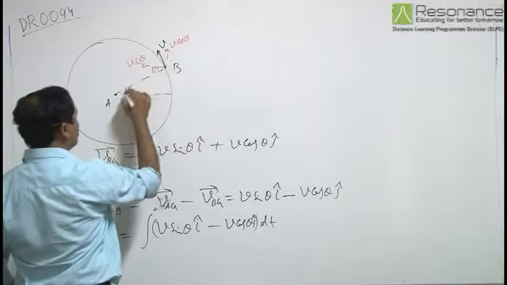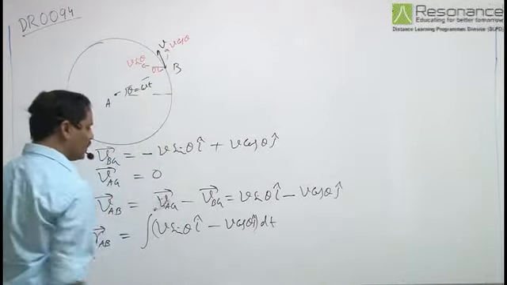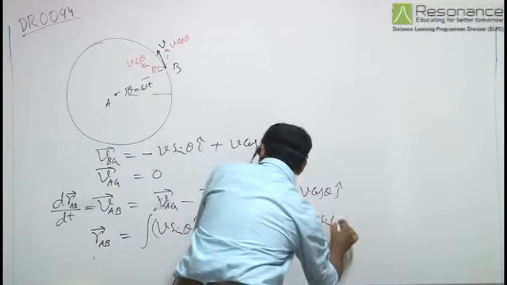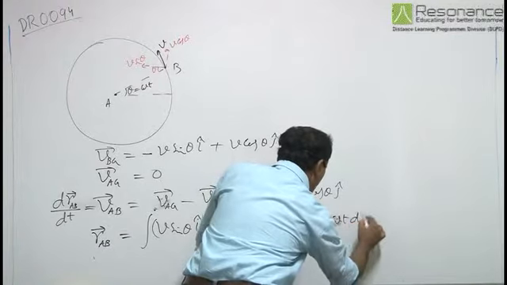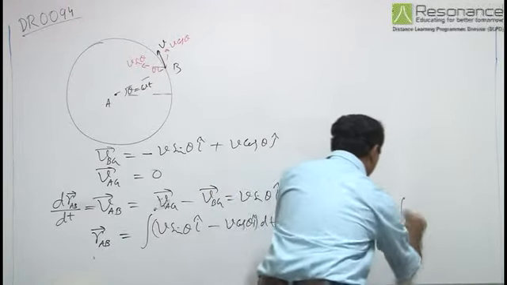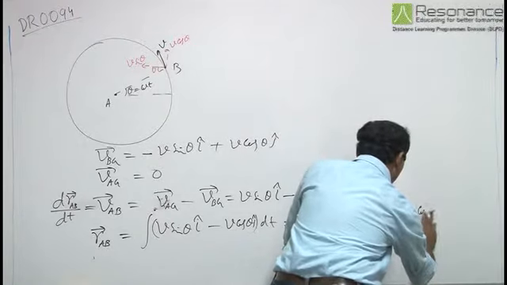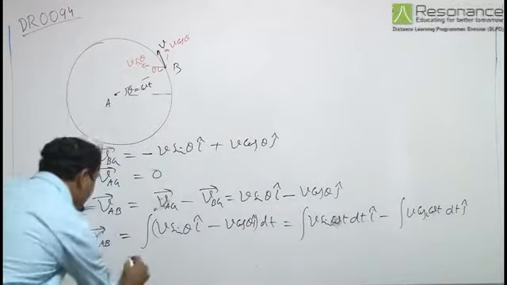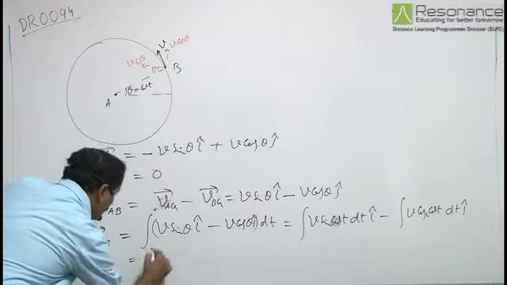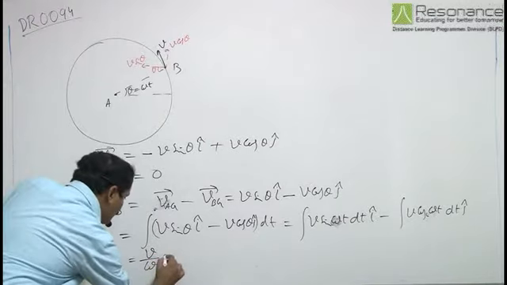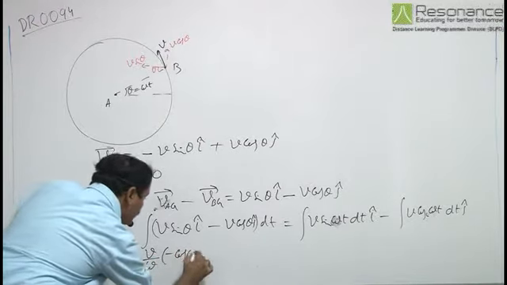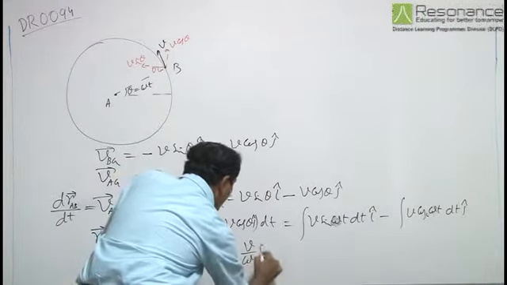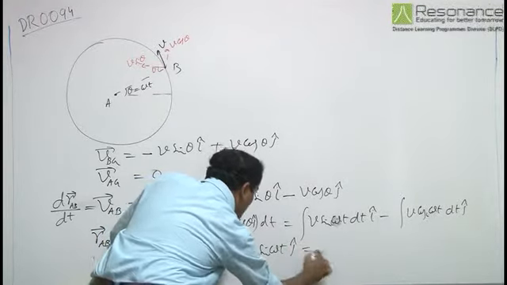If omega is constant angular speed, theta will be equal to omega t, so we have this to be equal to V sin omega t dt i cap minus V cos omega t dt j cap, or that is equal to V by omega times minus cos omega t i cap minus V by omega sin omega t j cap.